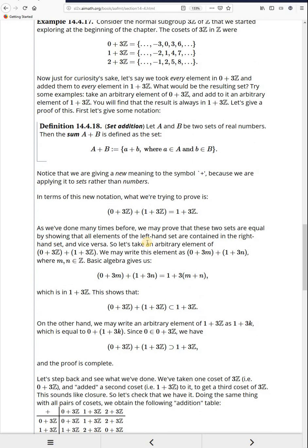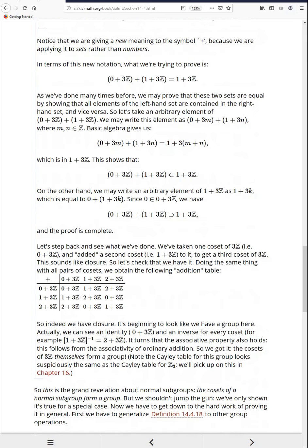Here it says, if I take one coset and add it to an element from another coset, I get a result in a single coset. So I can actually make a table of operations of sums of cosets, and it's exactly the same as the table of modular addition.